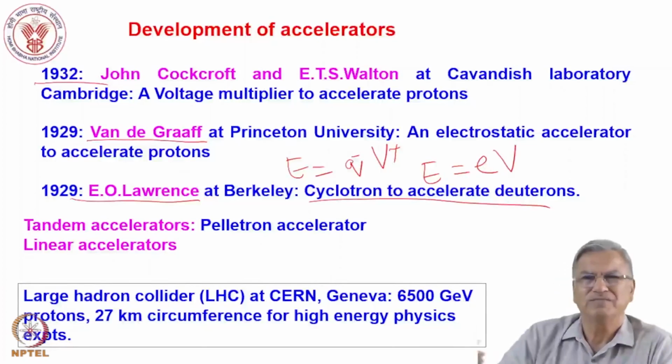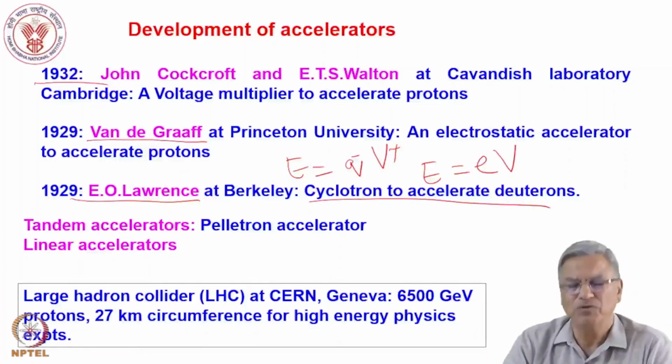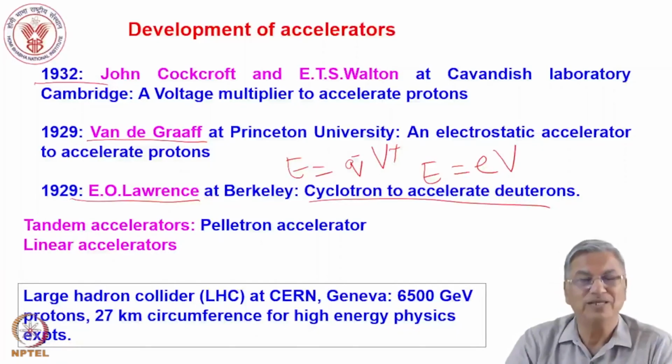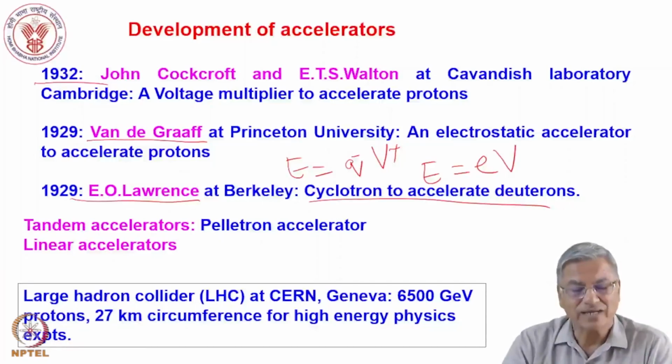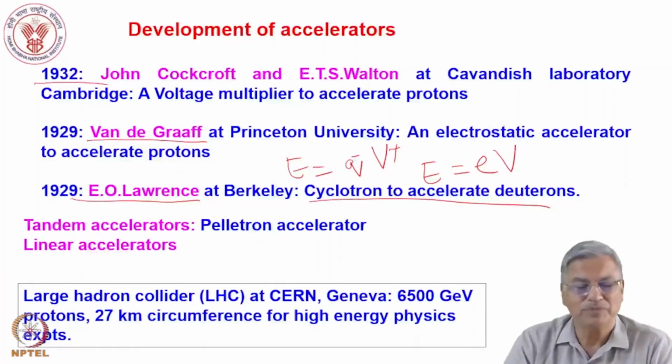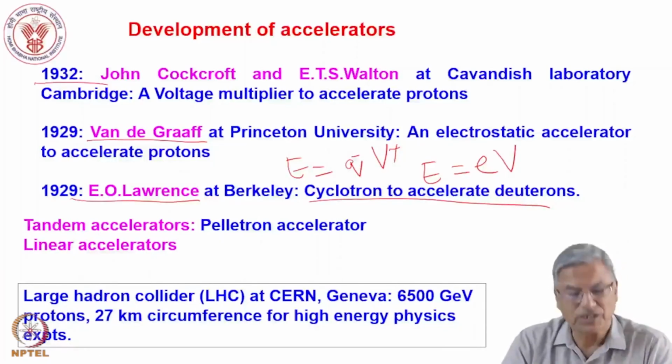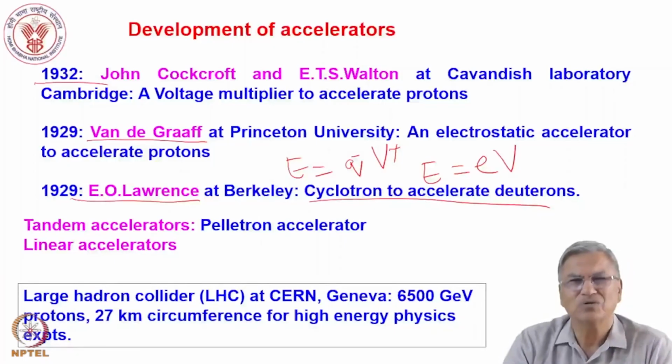The diameter of the magnet actually decides the energy to which you can accelerate the charged particles. So concurrently, electrostatic and cyclic accelerators were developed when the need arose to accelerate charged particles to higher energy than that available from naturally occurring radioisotopes.